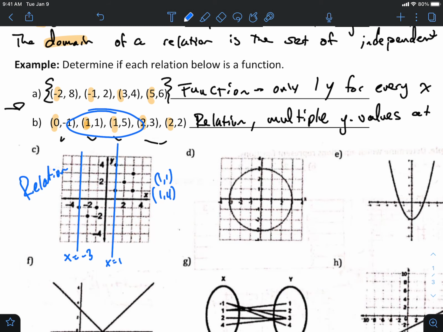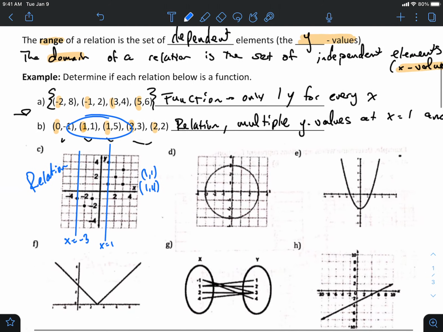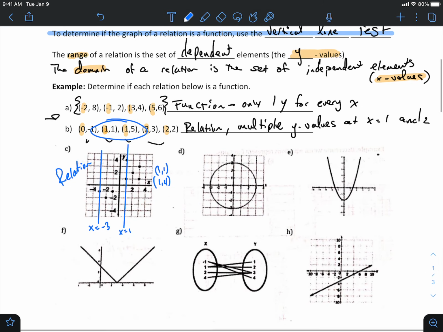And we could apply this vertical line test to all sorts of different things. It could be a series of points. It could be actual graphs of things that you recognize. The test just tests whether or not the graph or the series of points crosses that vertical line at more than one spot.